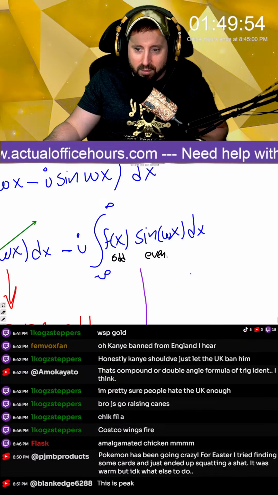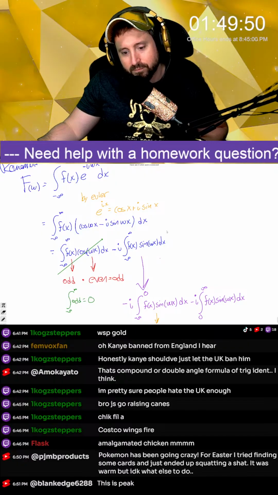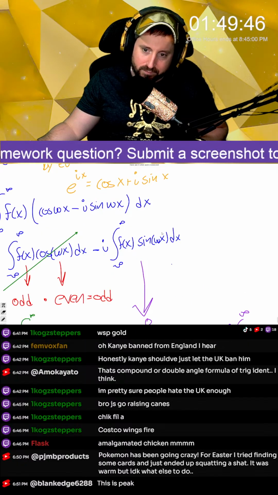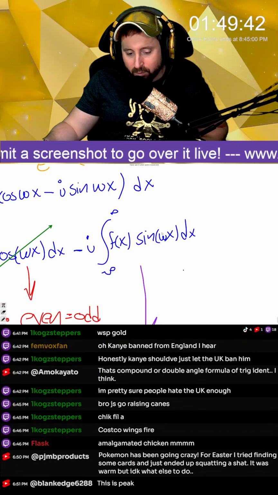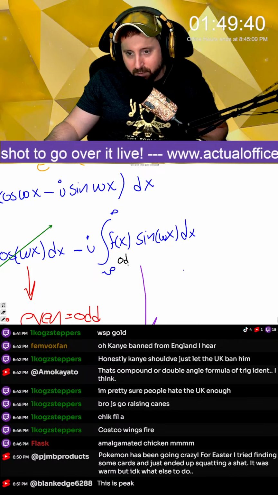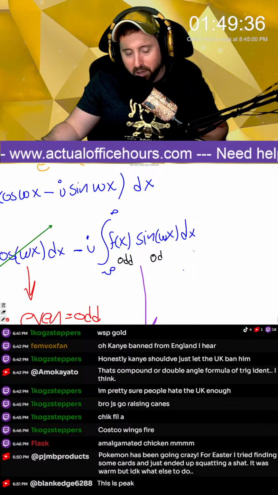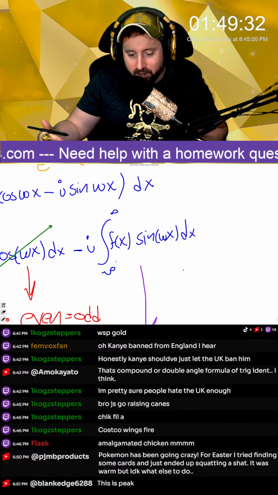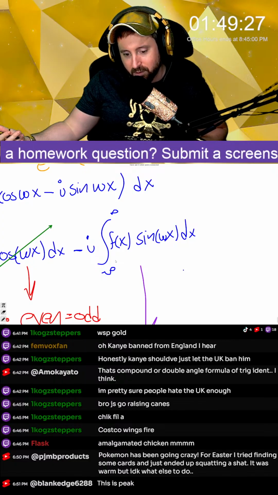We're not assuming that f(x) is odd; we're taking an odd extension of f(x). So we're literally just looking at the odd part of our Fourier transform. If this is odd and this is also odd, multiplied together they make an even, and I can automatically say the integral from negative infinity to infinity is the same as 0 to infinity times 2.